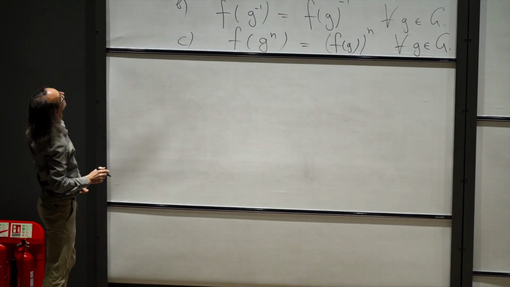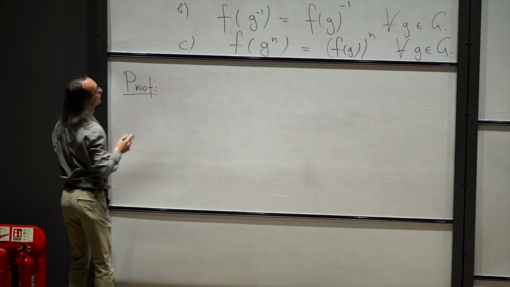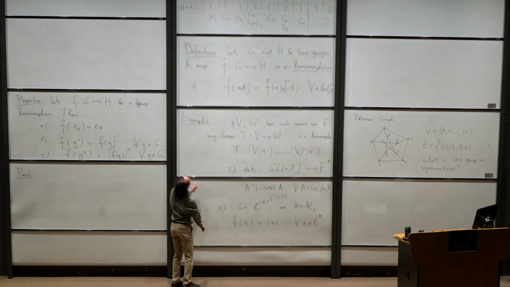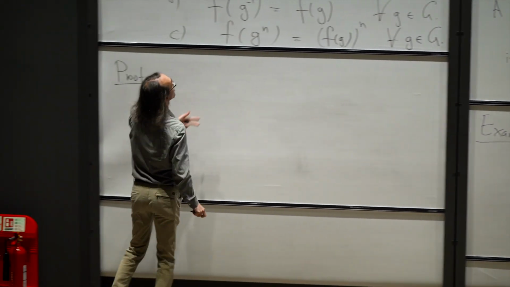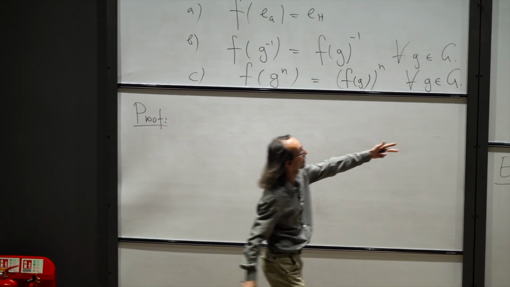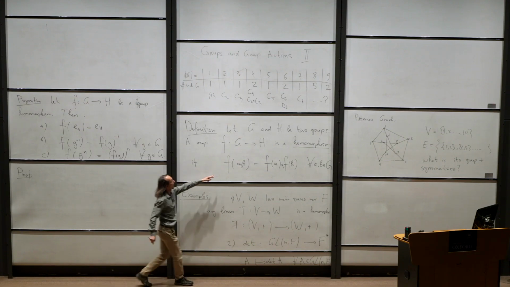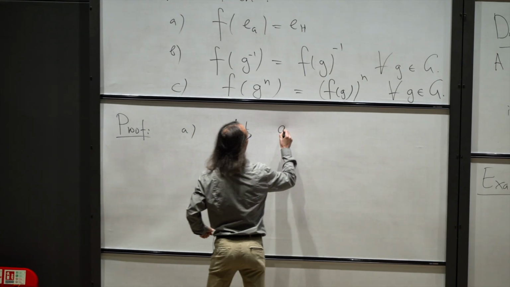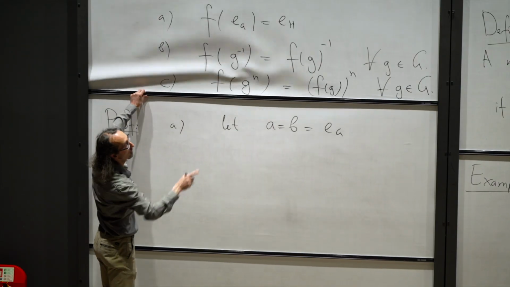Okay, so let's prove this. Here's the definition. What can we do? At this stage, we just have to exploit this as much as we can. Suppose we take a and b to be the identity in G, and apply the rule.